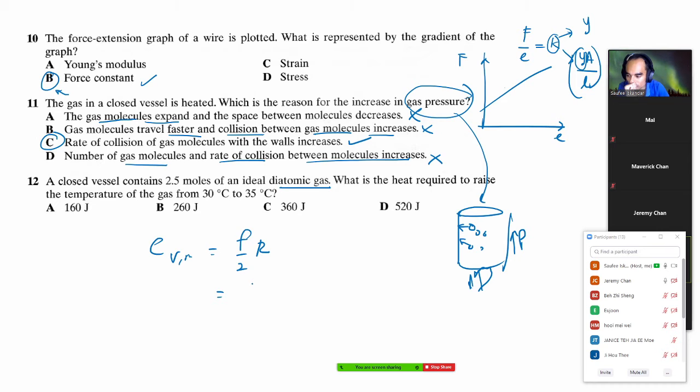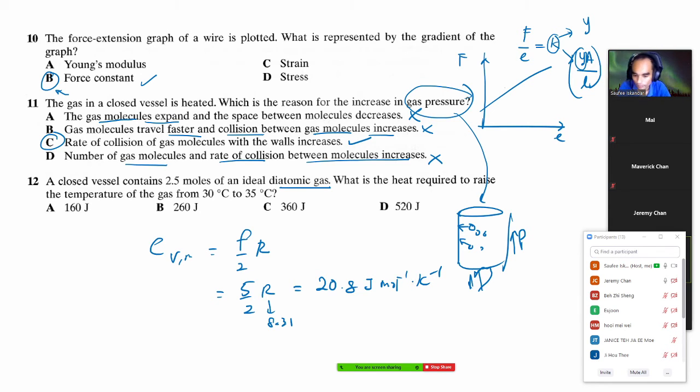Diatomic: 5/2. So 5 over 2 R, where R is 8.31. If you calculate everything, this is 20.8 joule per mole per Kelvin.